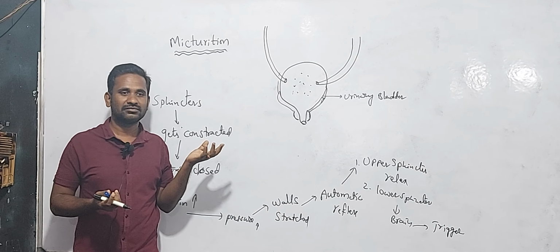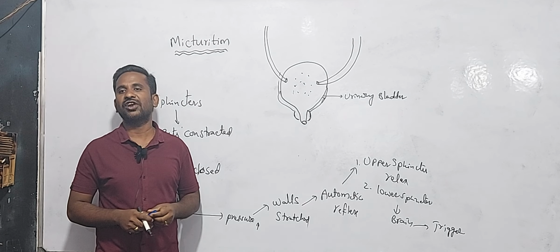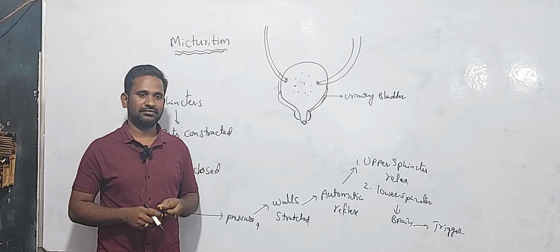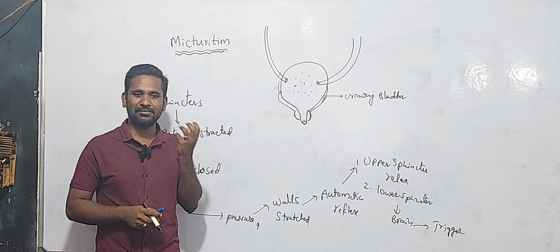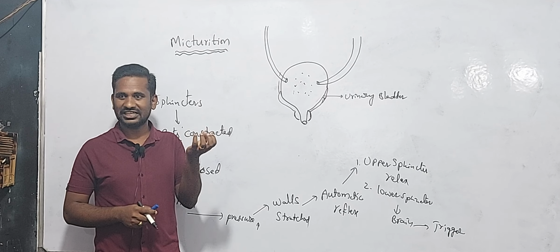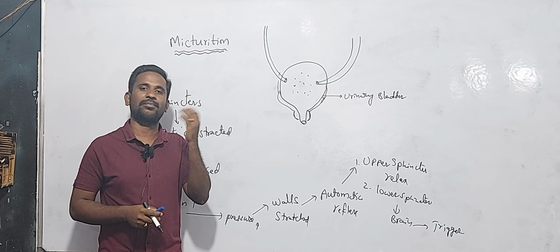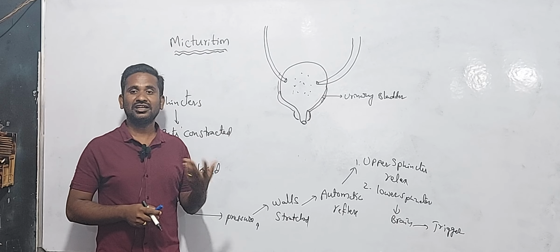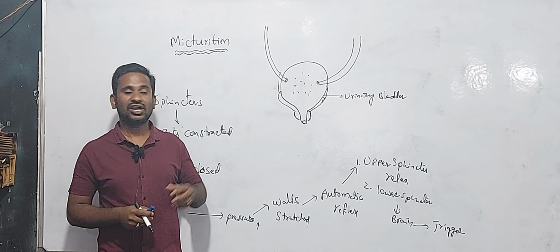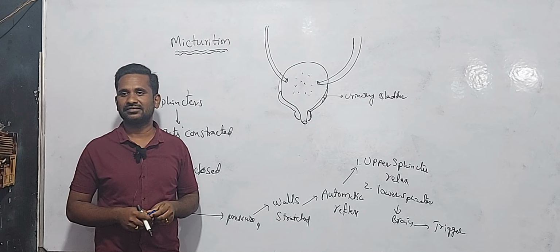At the time of micturition, your brain will give some information to the lower sphincter, so then you can release or perform the micturition process. You can release the urine from your urinary bladder. That triggering is very important. The triggering is also a command of our brain. We can voluntarily control the passage, the micturition process.